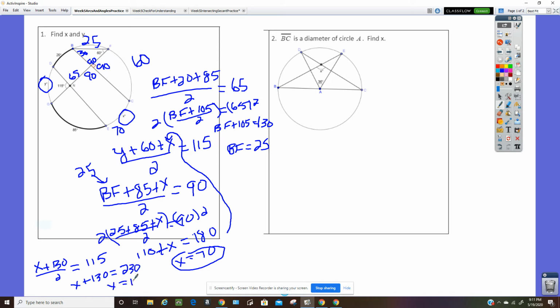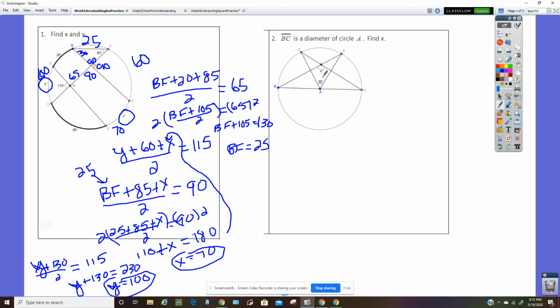So x, whoops, this should be y. So y is 100. So x is 70, y is 100.